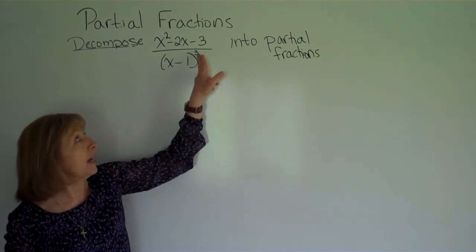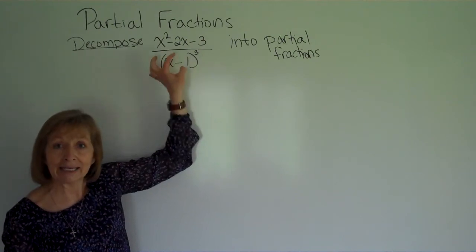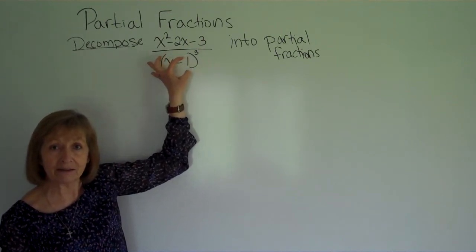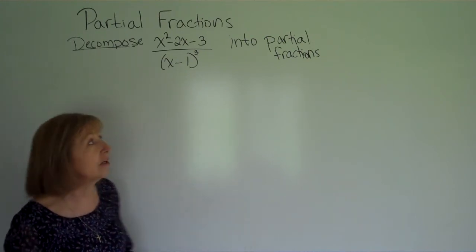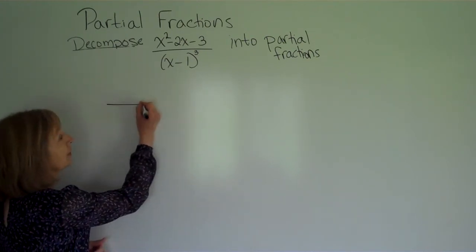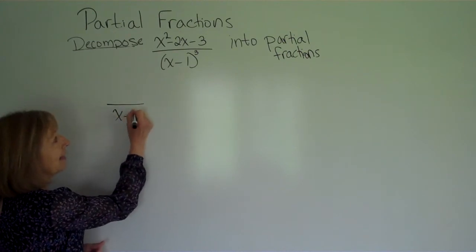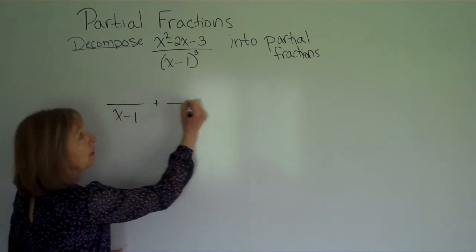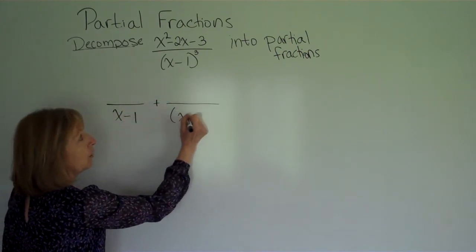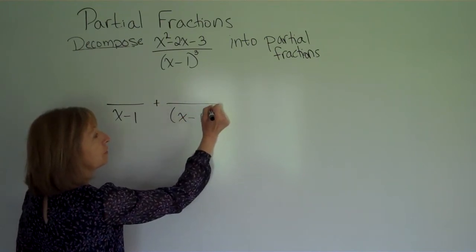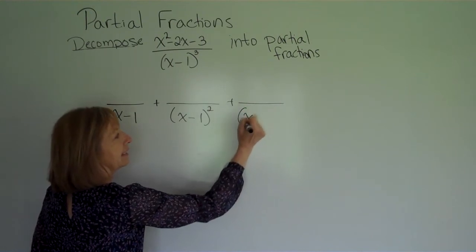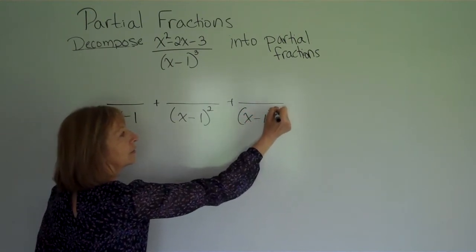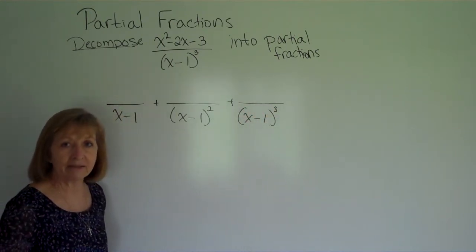So when you have a repeated factor in that lowest common denominator, when you set it up, you have to have that factor to each of the powers building up to whatever the highest power is that it occurred within that repeated factorization.